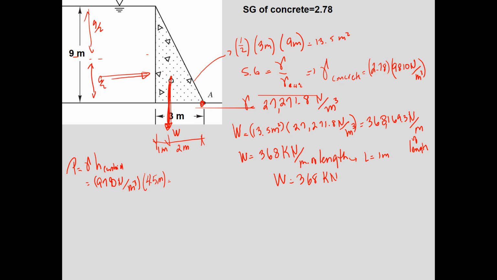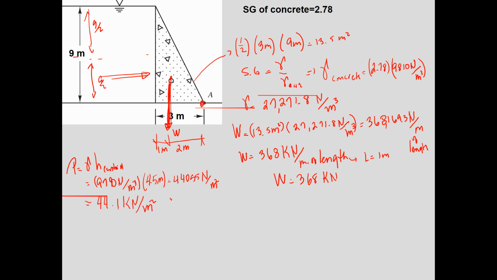So this is 44,055 newtons per square meter, or if we use kilonewtons, 44.1 kilonewtons per square meter.